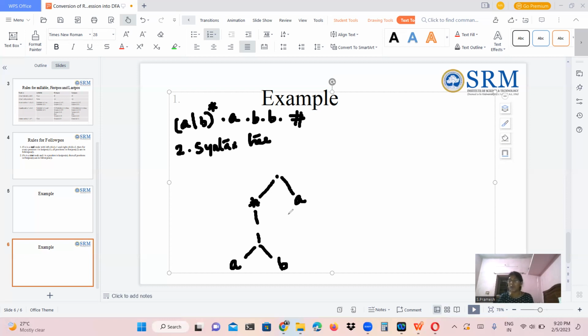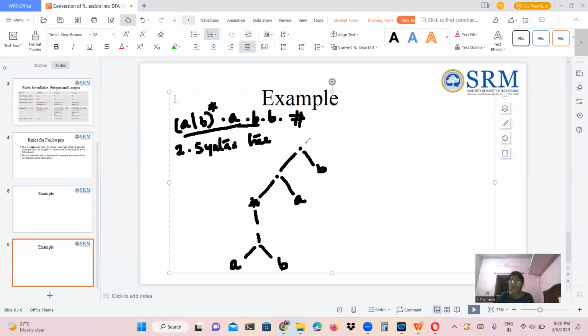This is the only rule of syntax tree construction. Up to this is completed, right? After that I have an operator symbol, concatenation, so I'll take it here. After this concatenation, I have the right part as the B symbol, and up to this is over, right?